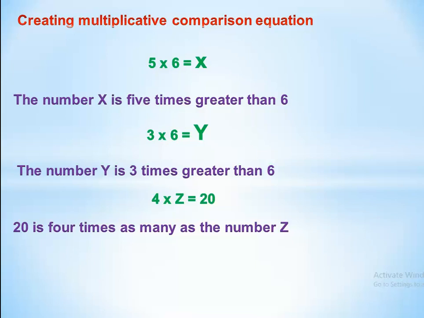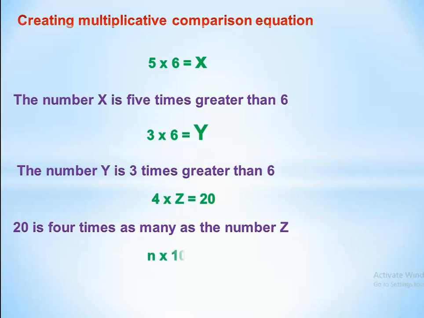But when we don't have a missing factor, we say a number is 3 times greater than 6. If we have a missing factor, we represent it like this: as many as.